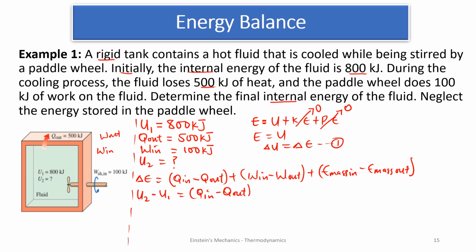But if you know, you can just go straight forward to this equation, but I wanted you to understand, that's why I proved it from this point. Plus work in minus work out, then plus energy of mass in minus energy of mass out. This is the general equation. Are we good? So this is the equation we are going to use.